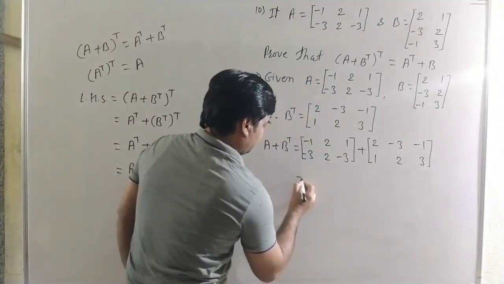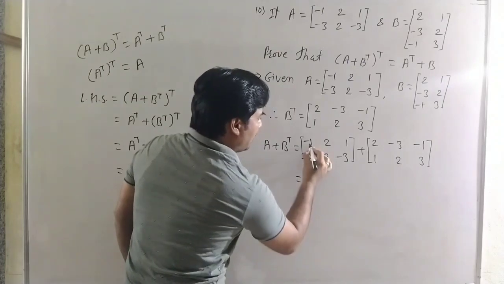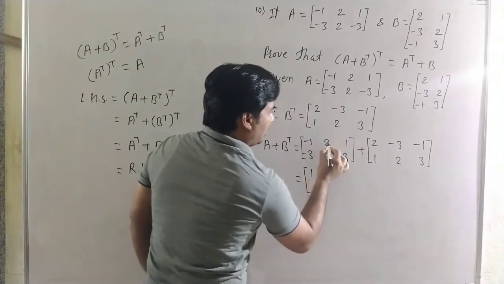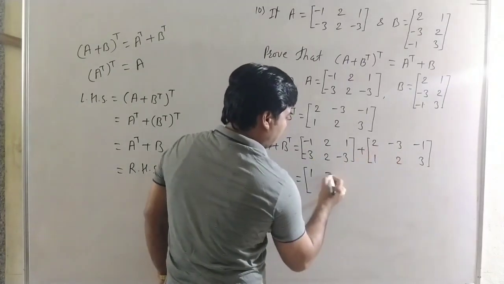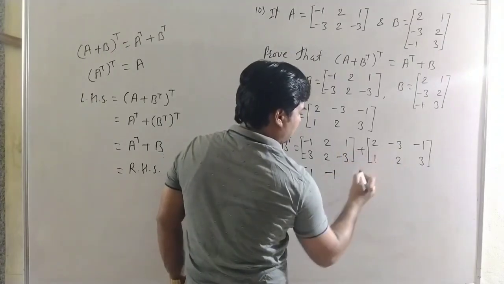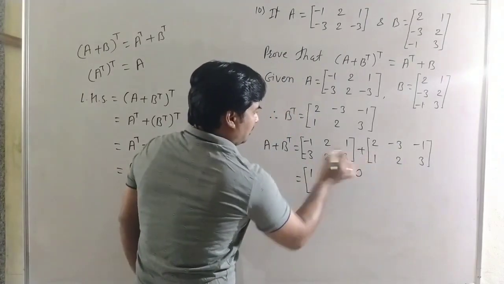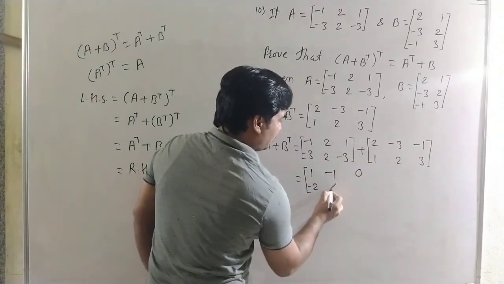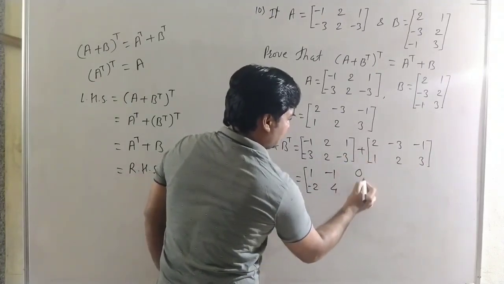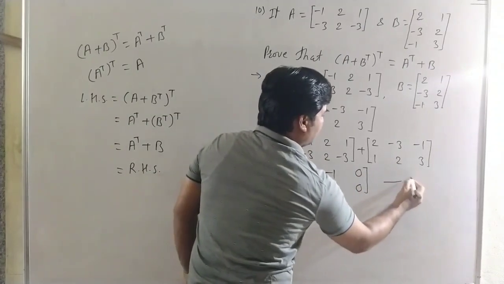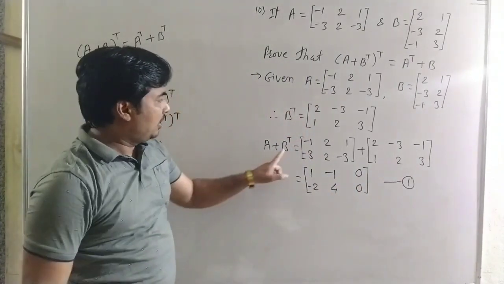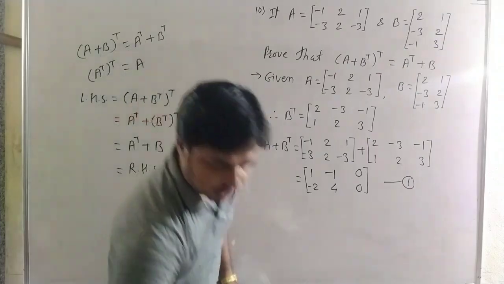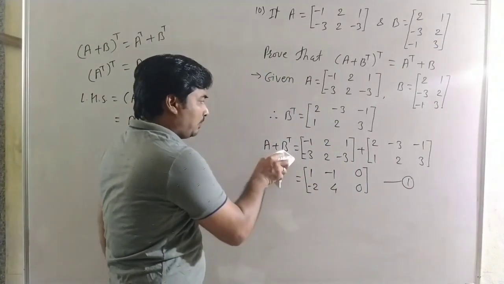Then adding them we get -1 plus 2 is 1, 2 plus -3 is -1, 1 plus -1 is 0, -3 plus 1 is -2, 2 plus 2 is 4, and -3 plus 3 is 0. This is A plus B transpose.